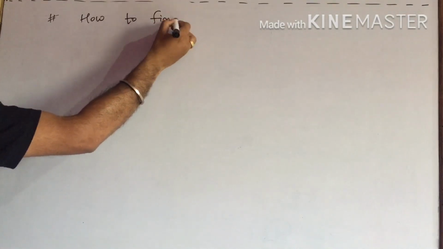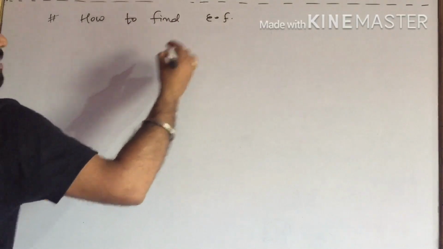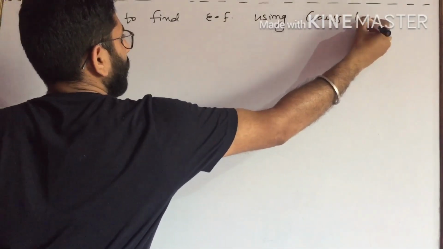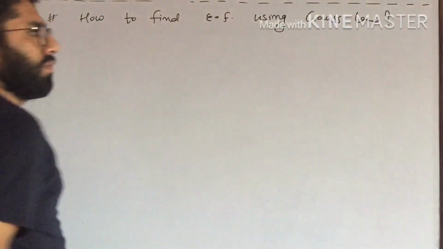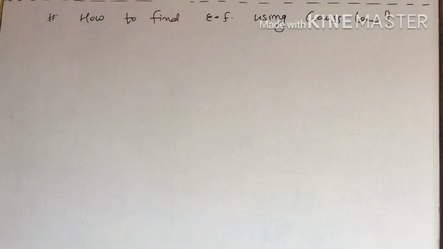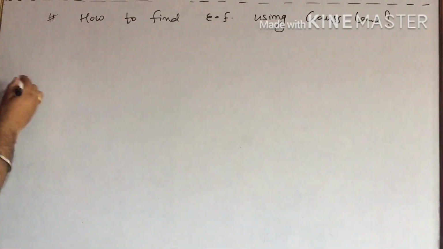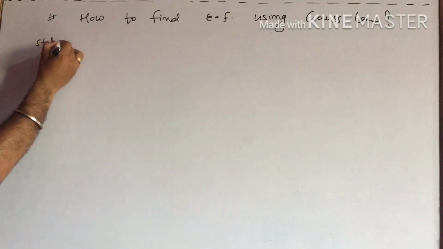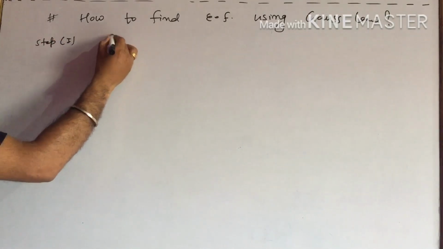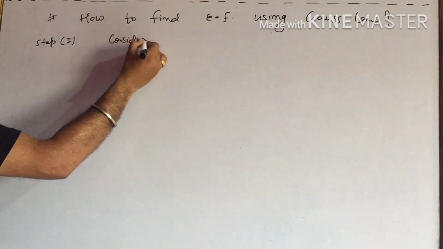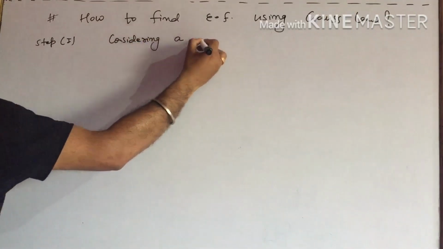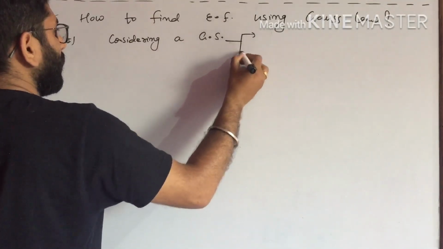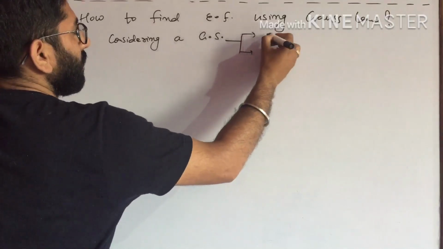Now we'll understand how to find electric field intensity using Gauss law. While finding this, we have to follow some set of steps, in which the first step is we have to consider a Gaussian surface, and this Gaussian surface must follow at least these 2 points.